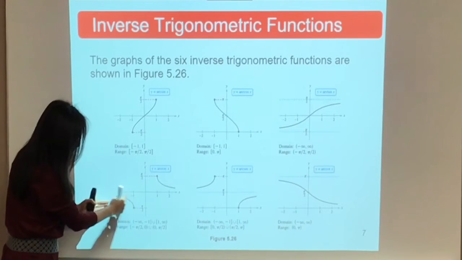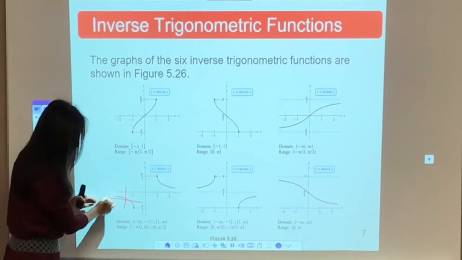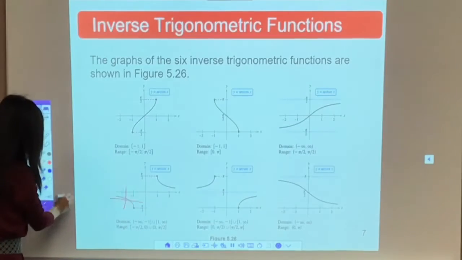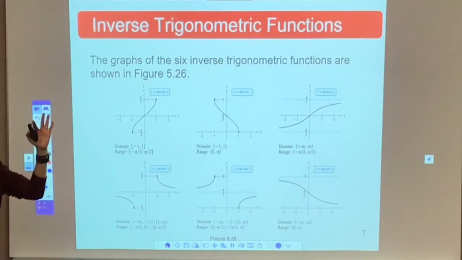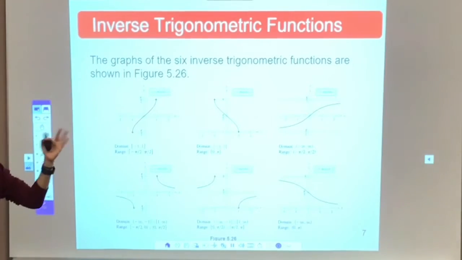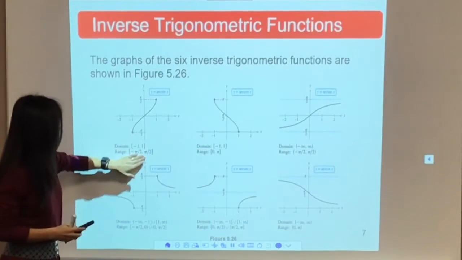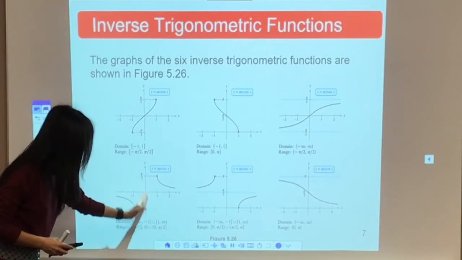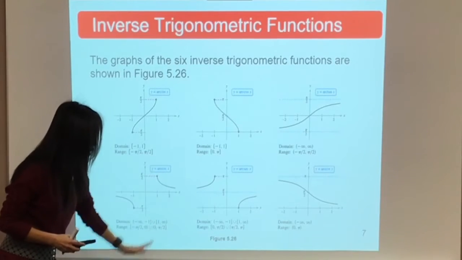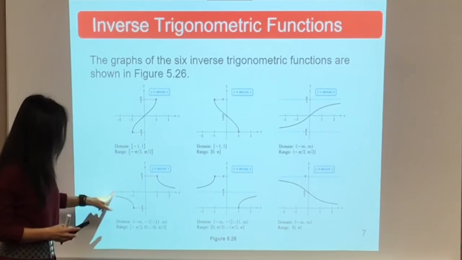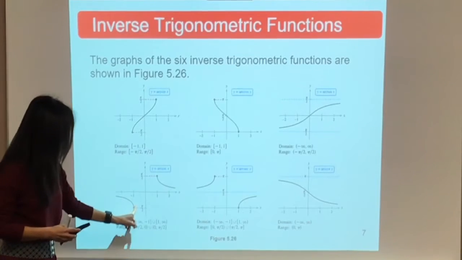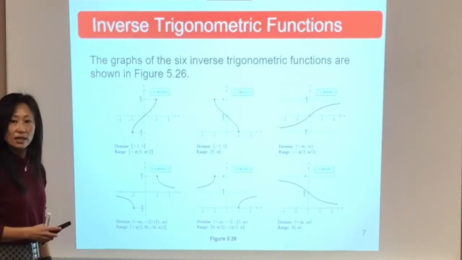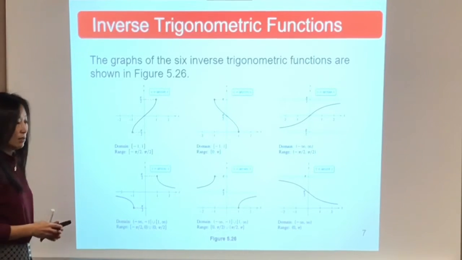If I just look at over here, this only passes one time. So all these are one-to-one functions if I restrict my domain to whatever I want to look at. Here, the range is negative pi over 2 to pi over 2, and for the domain, you go from negative infinity to negative 1, and 1 to positive infinity. Is everybody with me? Okay.